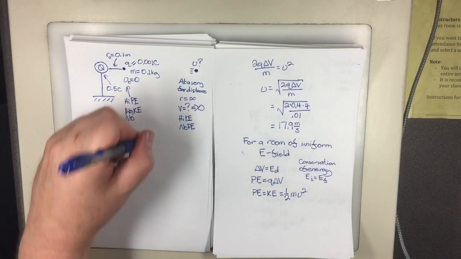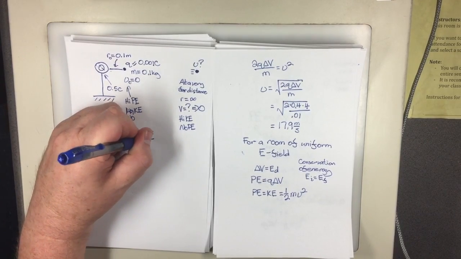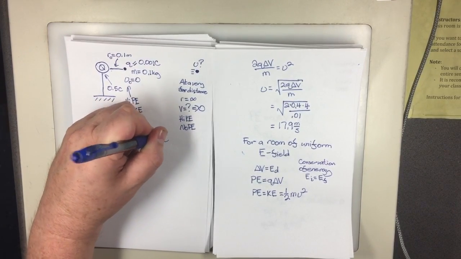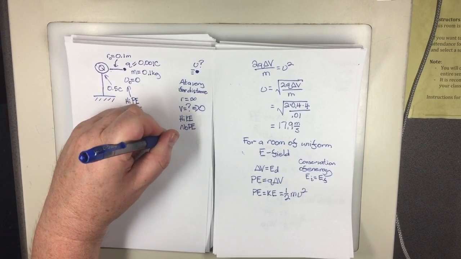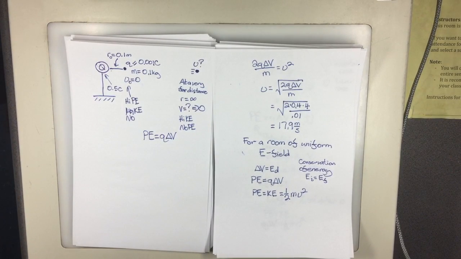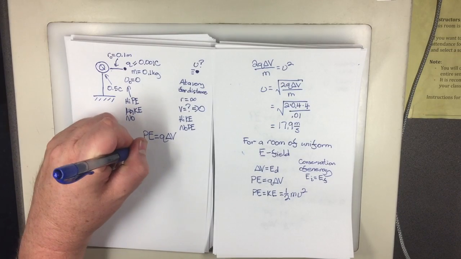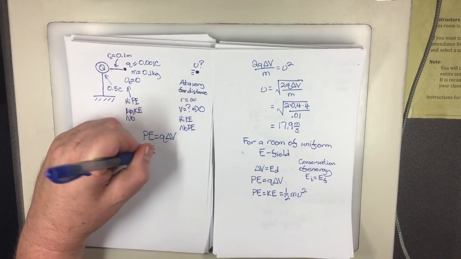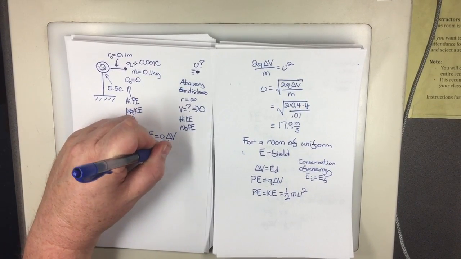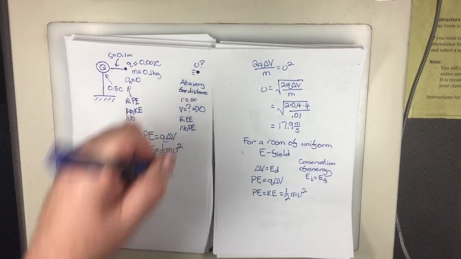Because what is potential energy? Potential energy that we'll be using is just Q delta V. In this particular case, the delta V is just the potential. And the kinetic energy is 1/2 mv squared.